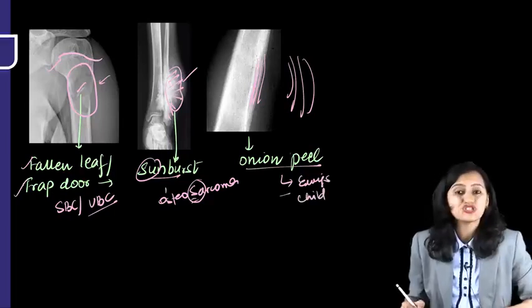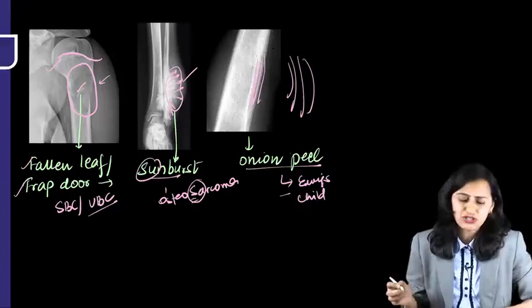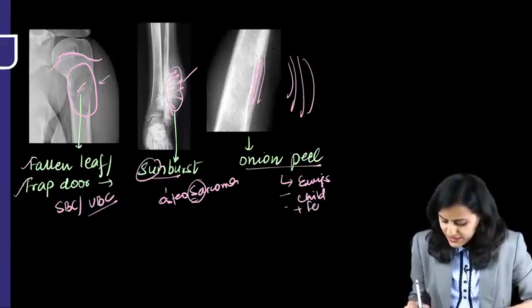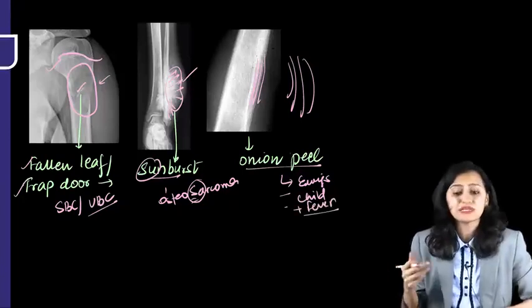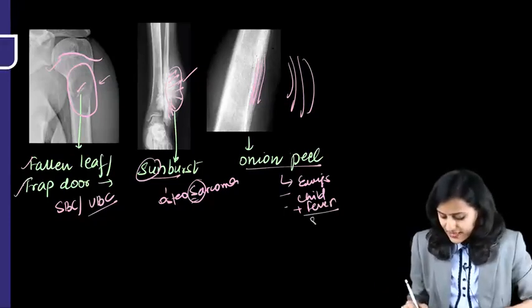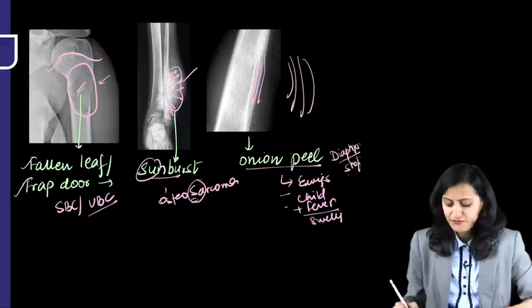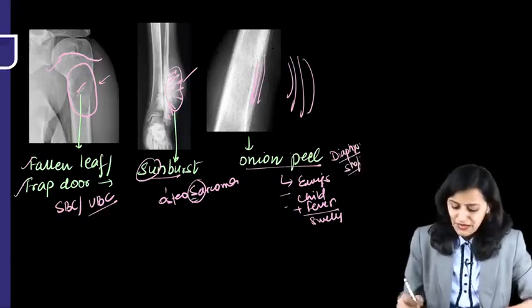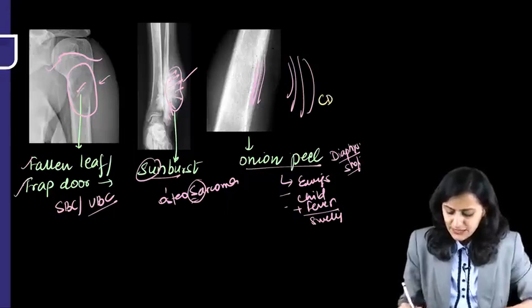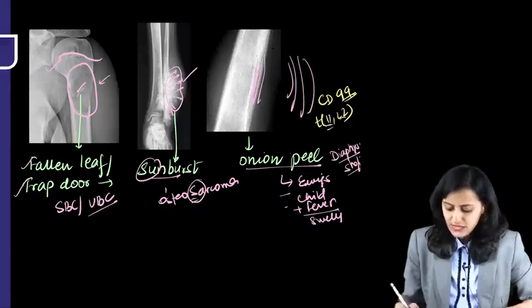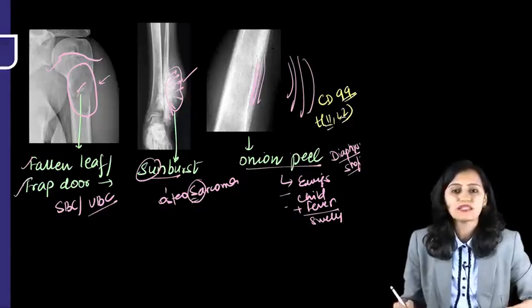Ewing's is common in the child, around 5 years of age, the first decade. Important, there is history of fever also here, so it mimics osteomyelitis, and there's a lot of swelling present, and this involves the diaphysis, that is the shaft of the bone. And remember for Ewing's, the CD marker, CD99, translocation 11;22, all the double numbers 99, 11, 22.